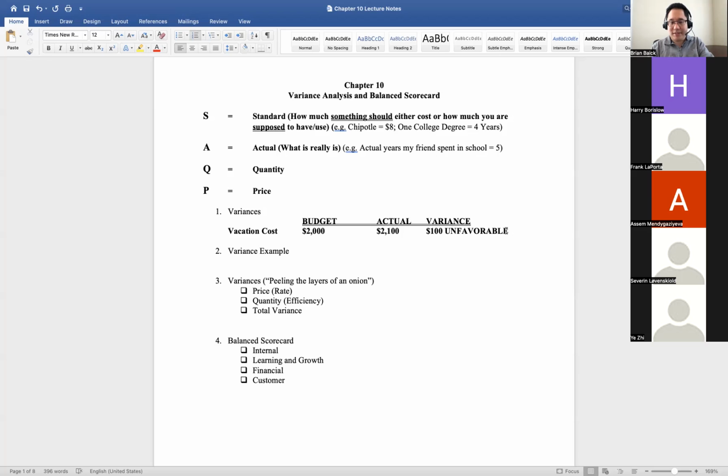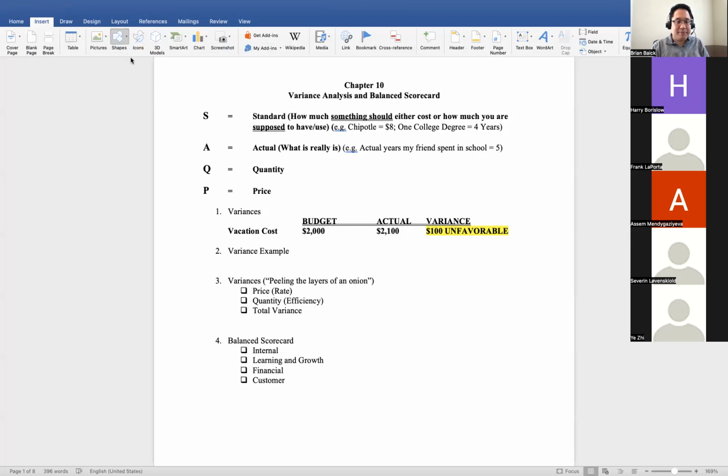So this variance, what does that mean? Well, I understand that I'm allowed to spend $2,000 on my vacation. I actually spent more, so I am $100 over budget. This variance is what we're going to analyze in this chapter.